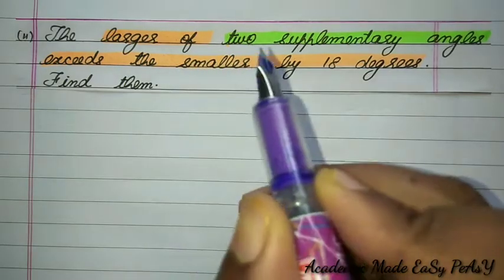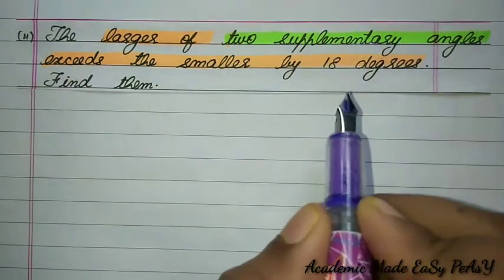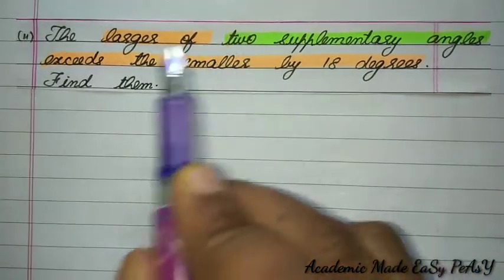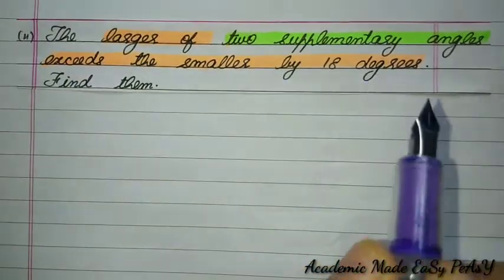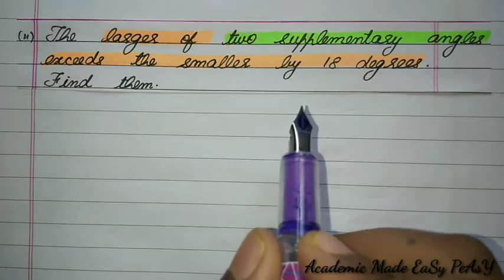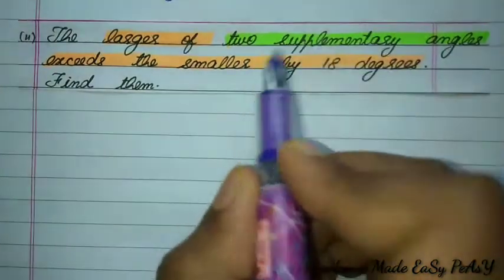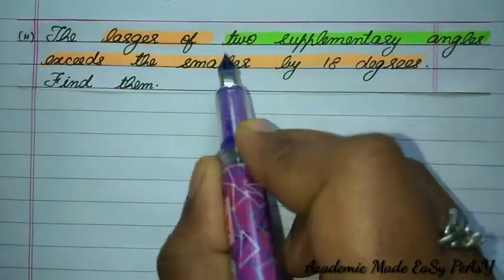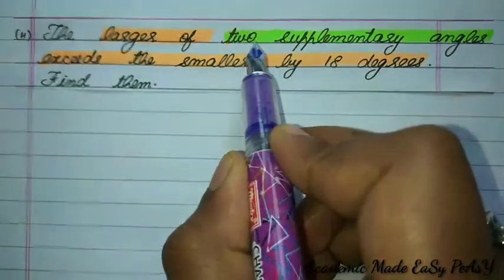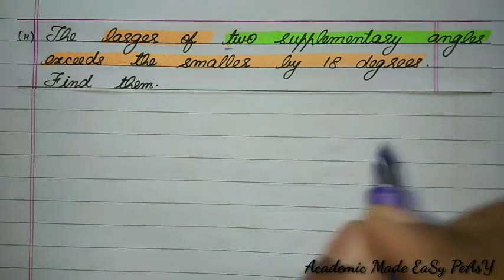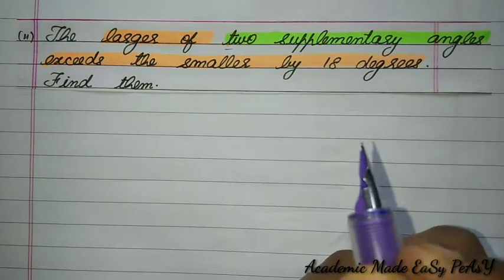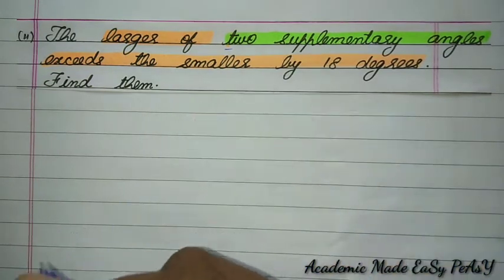So from this, how do we take two linear equations? We know what a supplementary angle is. Supplementary angles mean that if we add the angles, we should get 180.